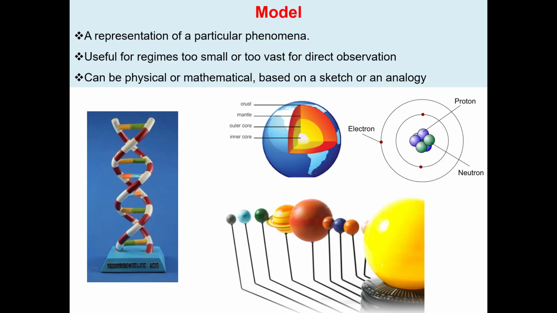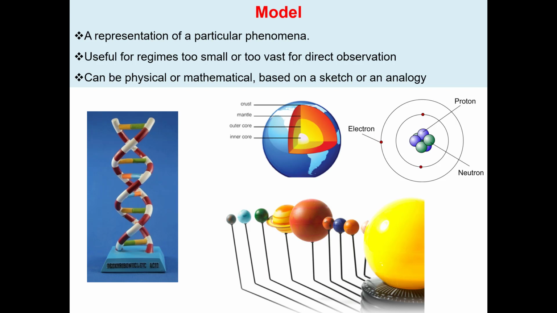One more thing used in science is the model, to represent phenomena that we cannot see directly, because they are very small or they are really big. There are some things that we cannot see directly.